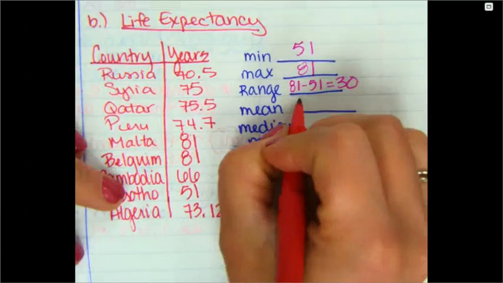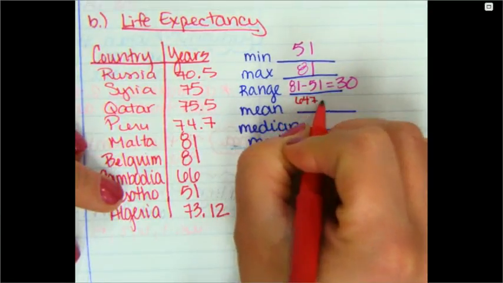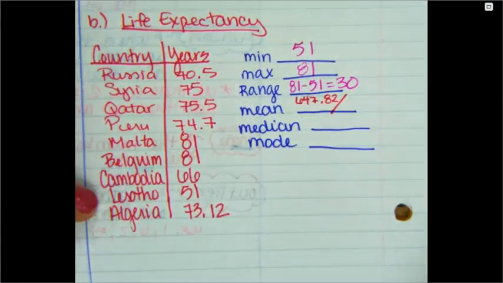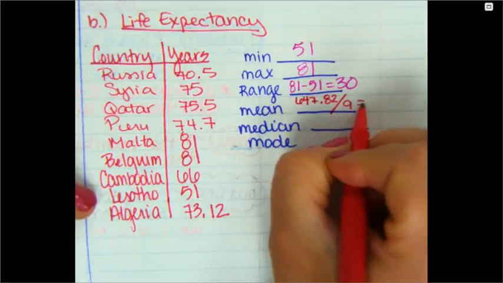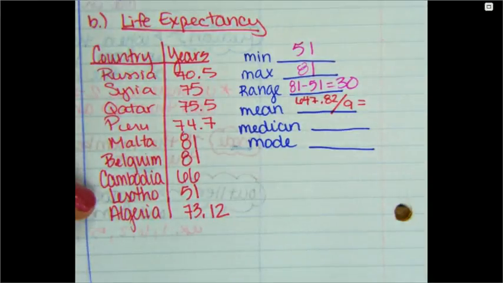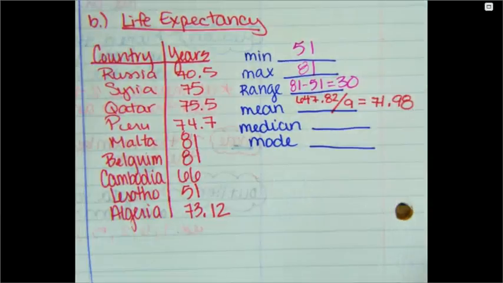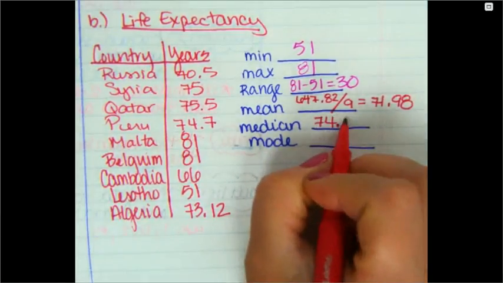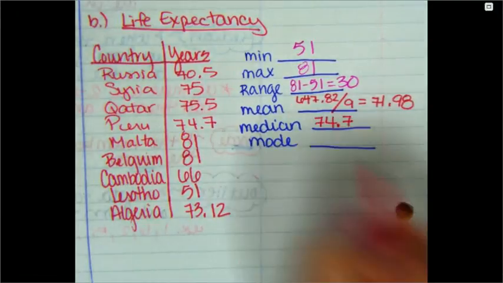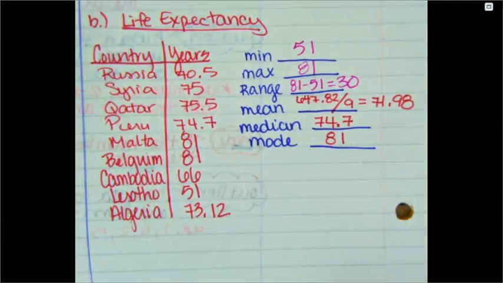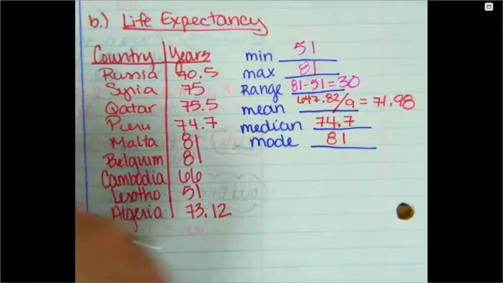Good. Divided by how many numbers? Equals, now what? 71.98. Median. 74.7. Good. And your mode? 81. Good. Easy?